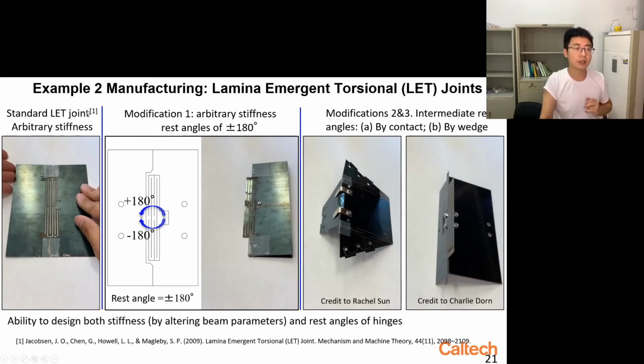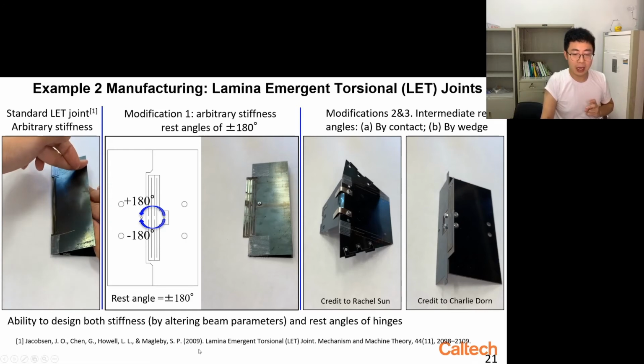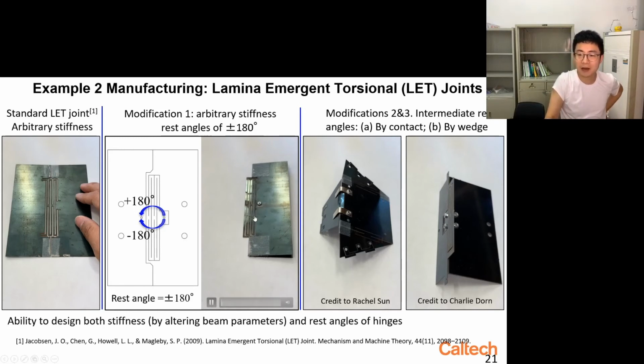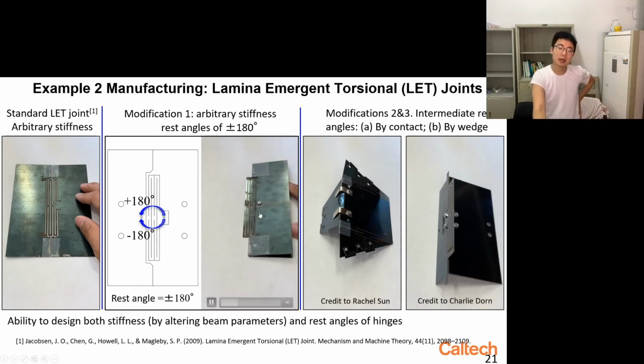This was proposed in this reference, but I modified it, because in this case you cannot change the rest angle. You can only change its stiffness by cutting these beams thinner, longer, and so on. It always rests flat, at a 0 fold angle. But I modified it so you can have a 180 degree rest angle.